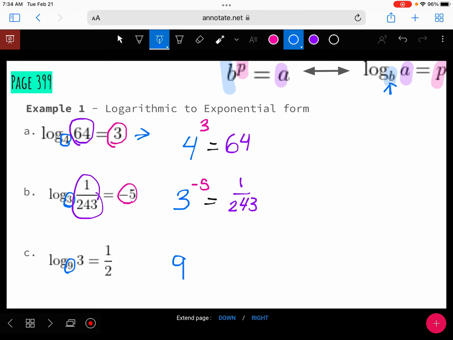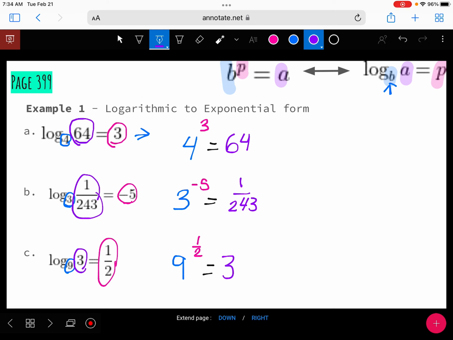Log base 9 of my power. So 9 to the 1/2 equals whatever this argument is in the log, whatever the log base 9 of m is. So 9 to the 1/2 is 3. Log base 9 of 3 is 1/2.